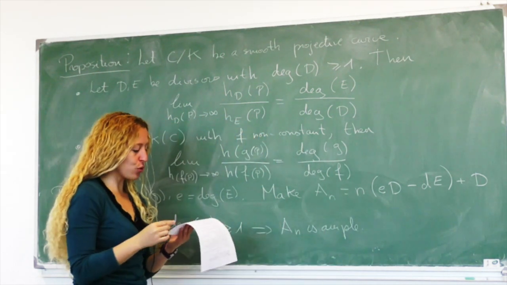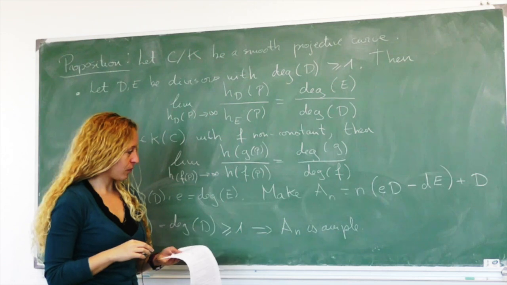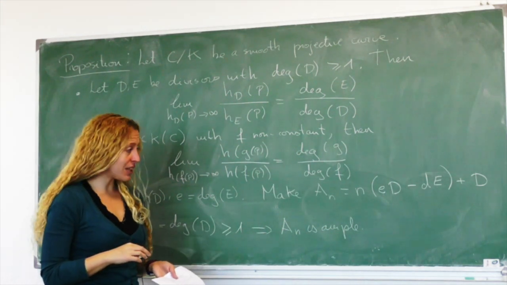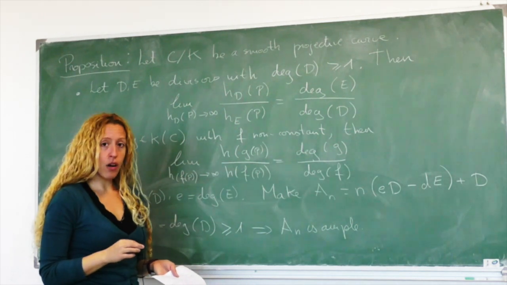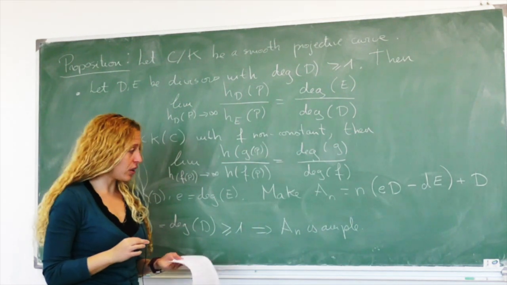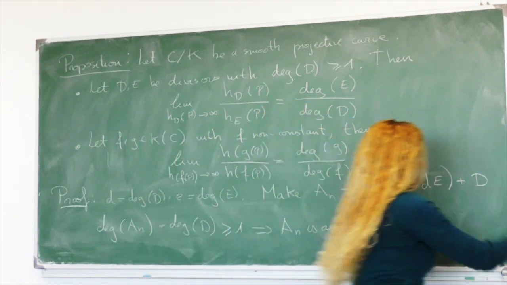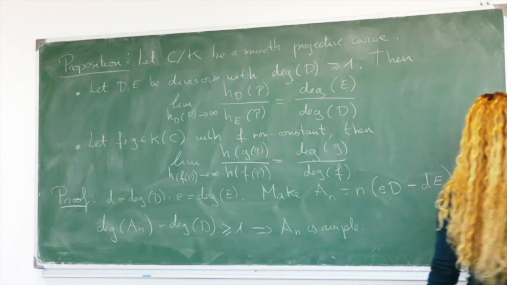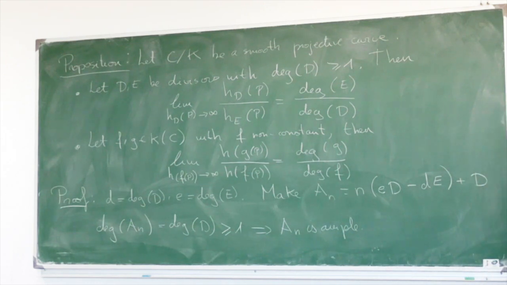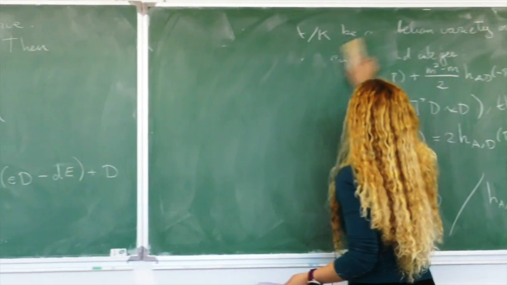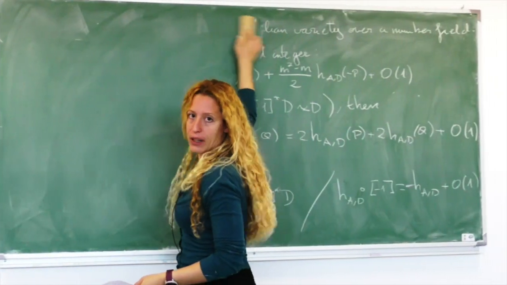So we have produced those divisors. Now we can use the positivity property of the Weil height machinery to conclude that the height associated to this divisor is bounded below by a constant.